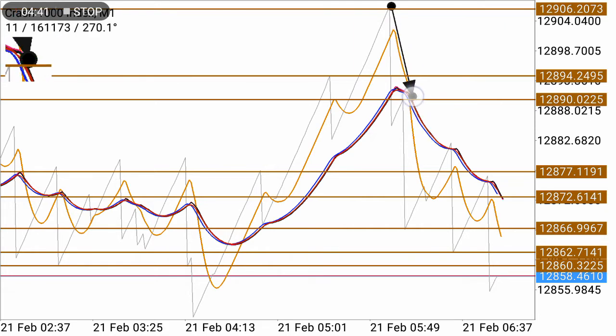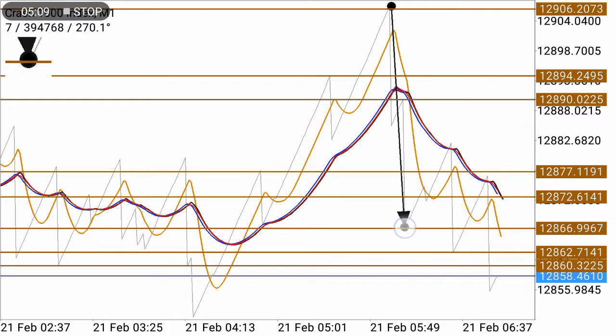And look, from this point the market touched this resistance again and came down, more down, and also broke this support area, touched this support area and came back to the resistance.